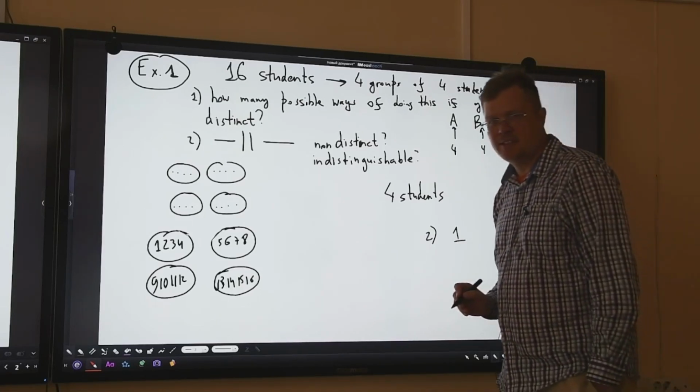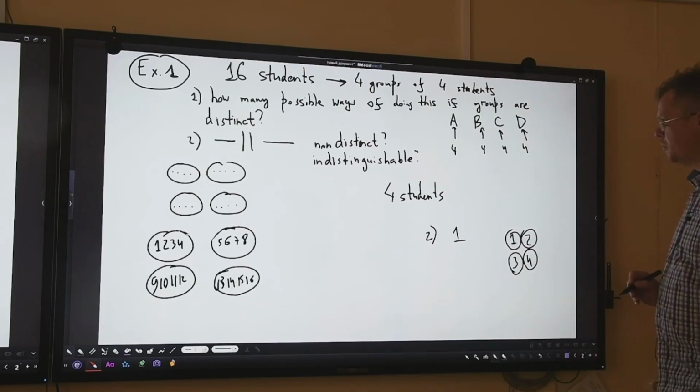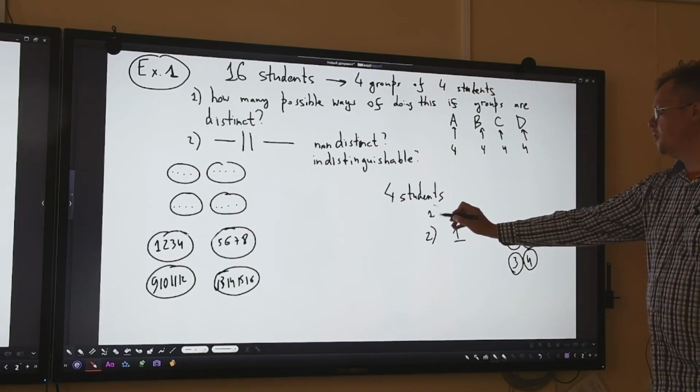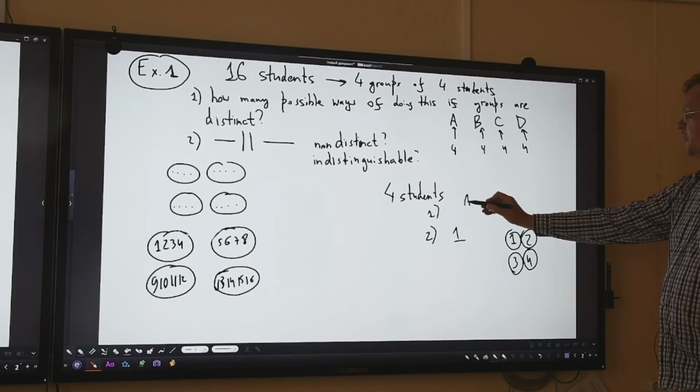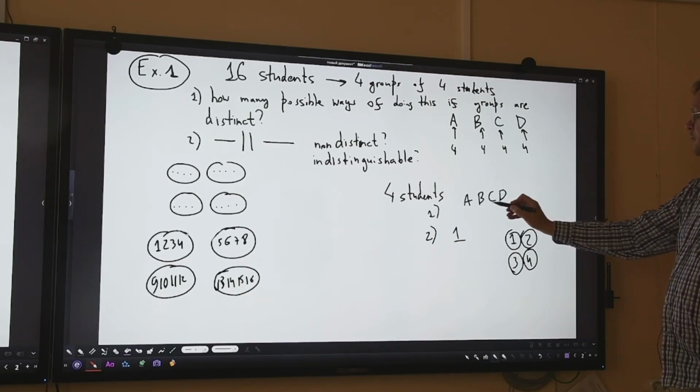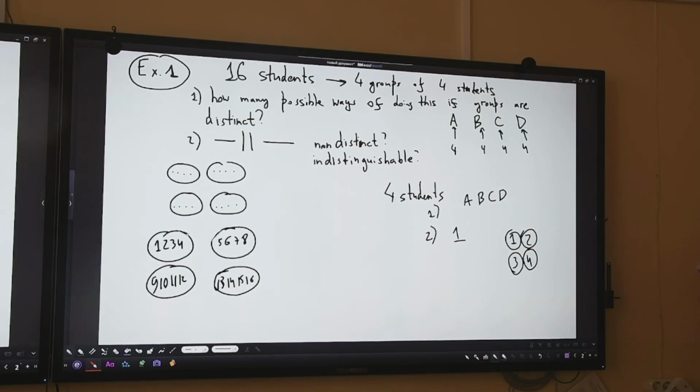And for the first, we just want to choose 1 student for A, 1 student for B, 1 student for C, and 1 student for D. How many ways of doing this? It's all permutations, so it will be 4 factorial here.